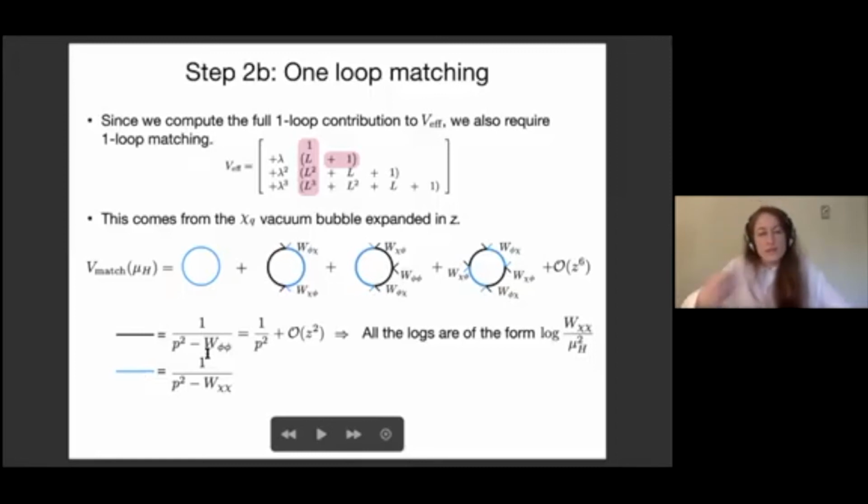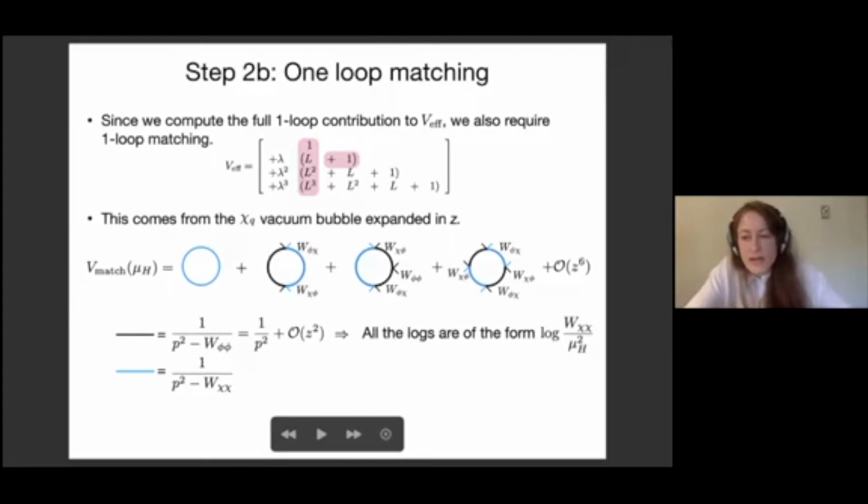But when I do the 1 loop matching, I need to expand in the light scale. So the phi quantum lines, their propagators just get expanded out to 1 over p squared. And so the important point is that all the logs that I get from integrating these vacuum bubbles are of the form log W chi chi over mu heavy squared.